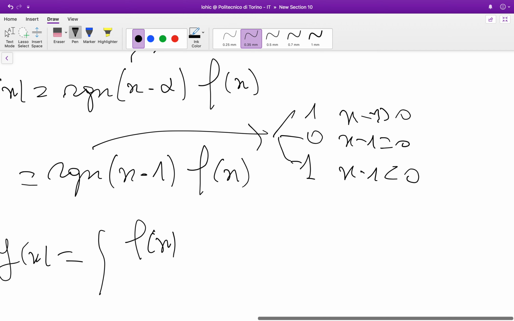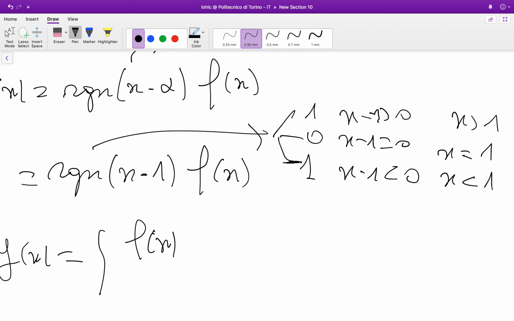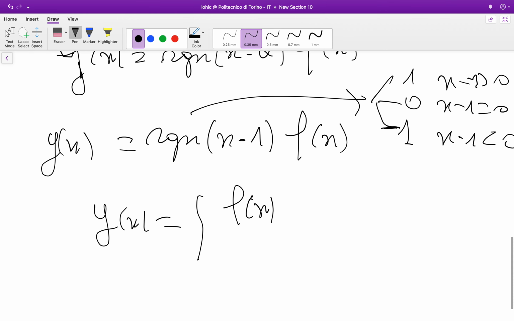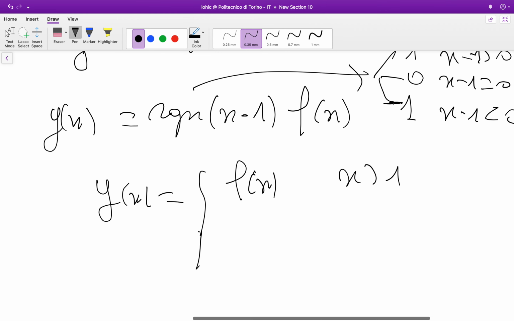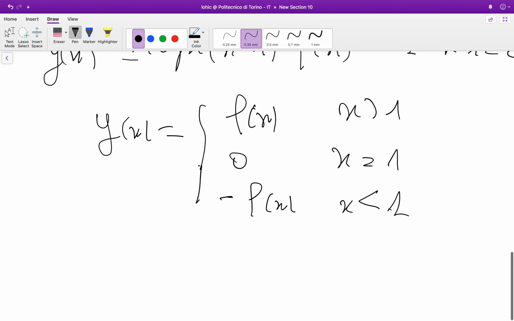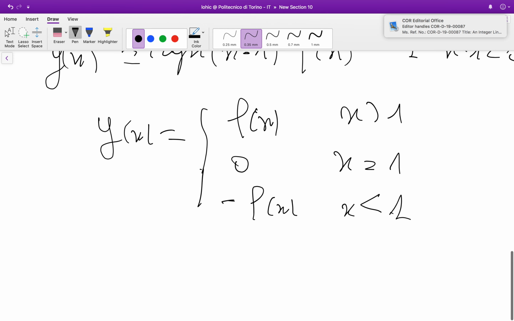This means the sign is 1 when x is greater than 1, 0 when x is equal to 1, and minus 1 when x is smaller than 1. So the function g of x will be f of x when x is greater than 1, it will be 0 when x is equal to 1, and it will be minus f of x if x is smaller than 1.